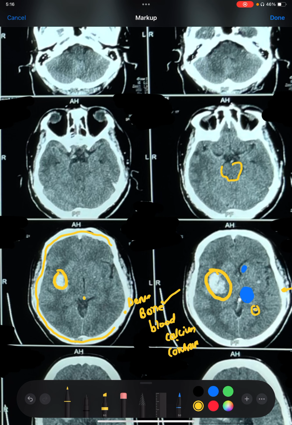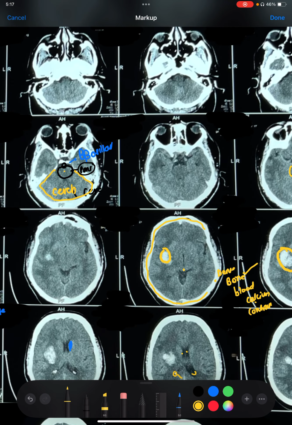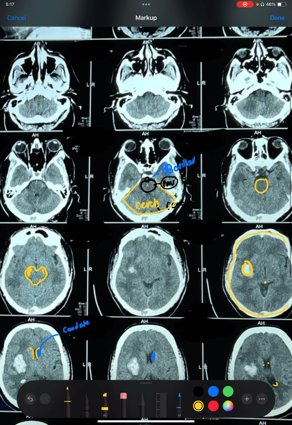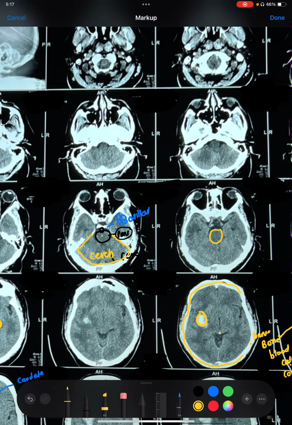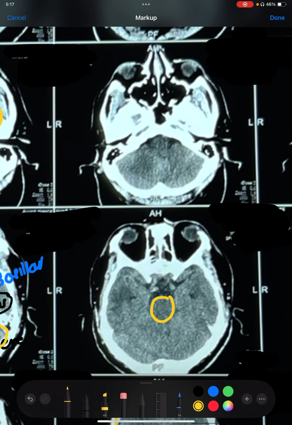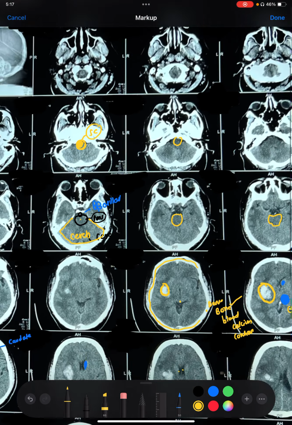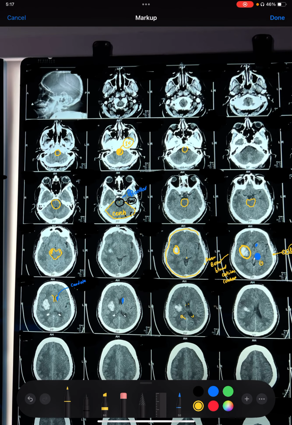This is some portion of the butterfly, and then this is the pons, this is the pons, and below this there is a continuation into the spinal cord. This is the foramen magnum, and beyond the foramen magnum, this round structure is the medulla. These are all brainstem structures.